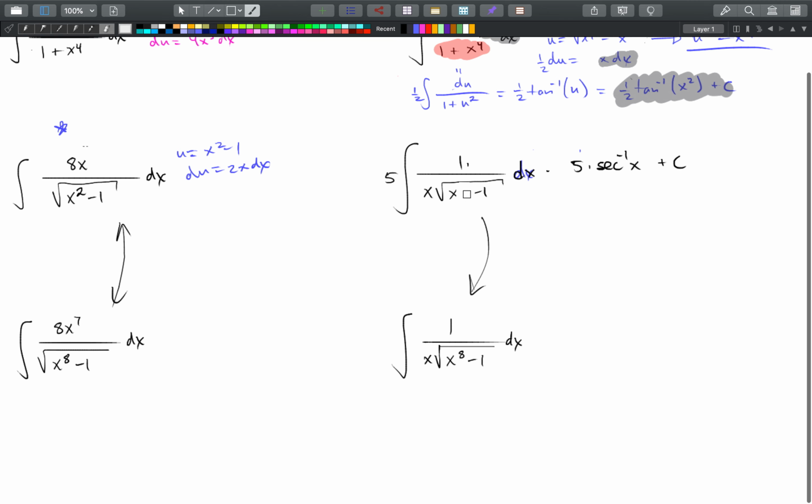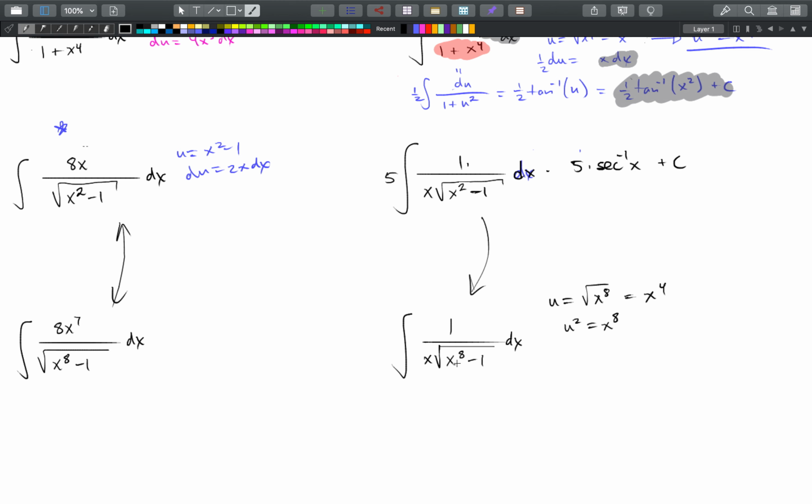this alters the problem in a minor way, but a way that arcsecant can still handle. So what happens here is you could set u equal to the square root of that x to the 8. Now, why do you do that? Why do you set it equal to the x to the 4? Well, because when you square that, it's going to be x to the 8.